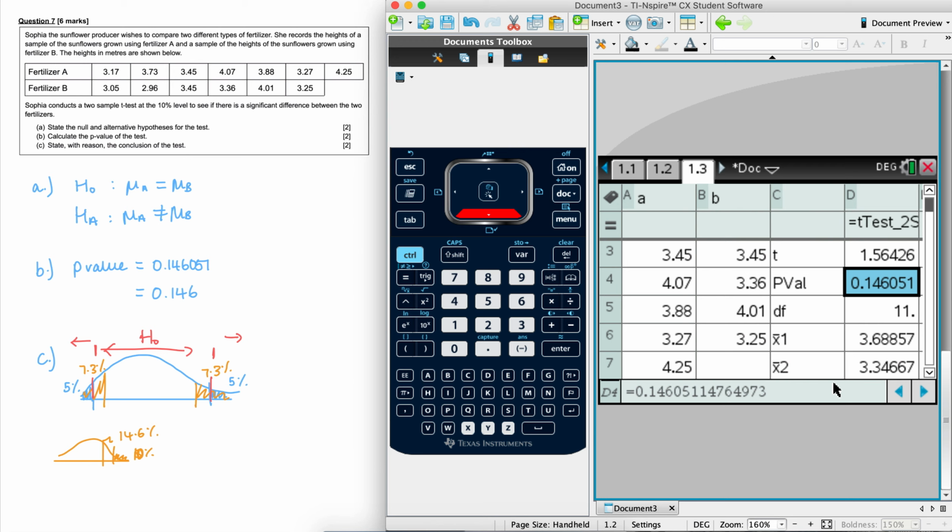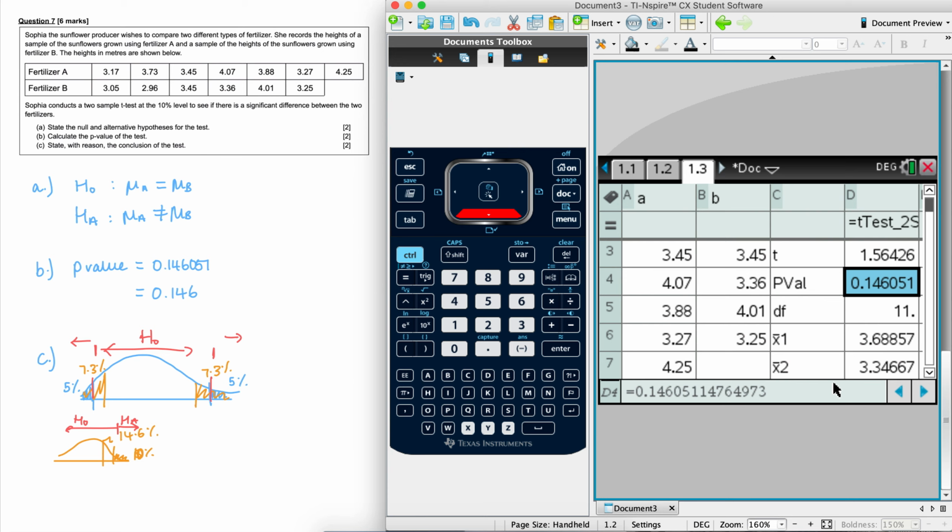Okay, so whichever way you look at it, if this was the cutoff, H0 and then HA, whichever way you're looking at this, it is in the safe zone, if you like. We're not sure enough. There's a 15% chance almost of it happening. So we're really not sure that this is making a difference.